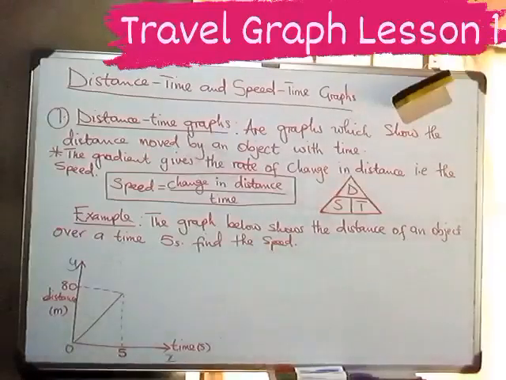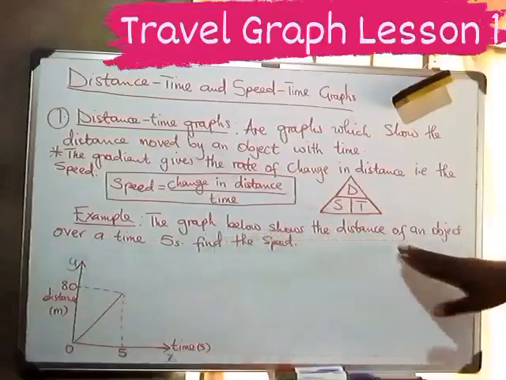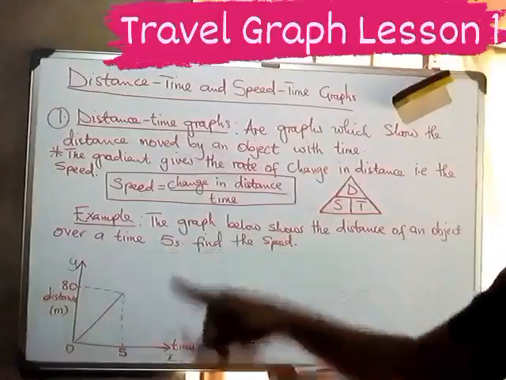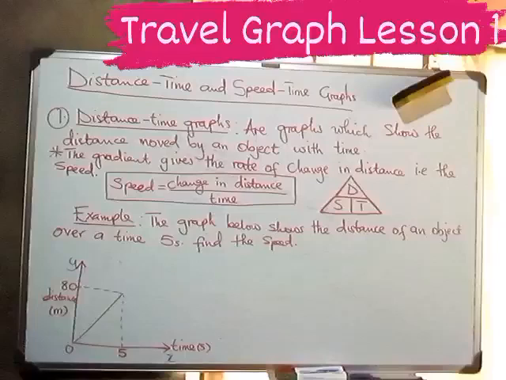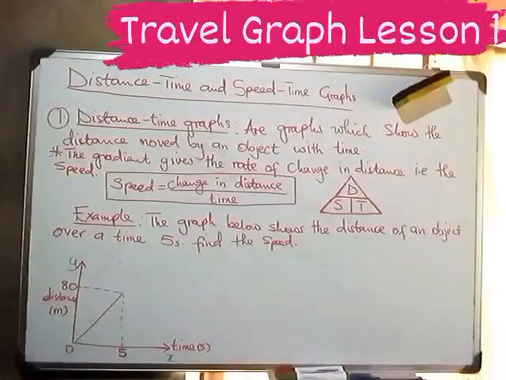Now the question is, the graph below shows the distance of an object over a time. The time is 5s, which is 5 seconds. Now, find the speed.